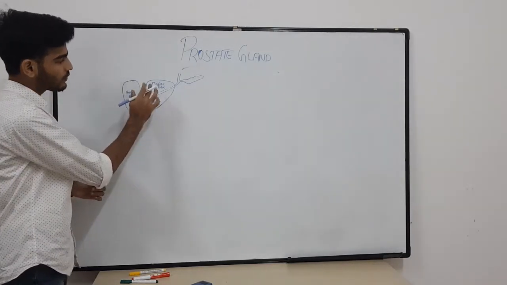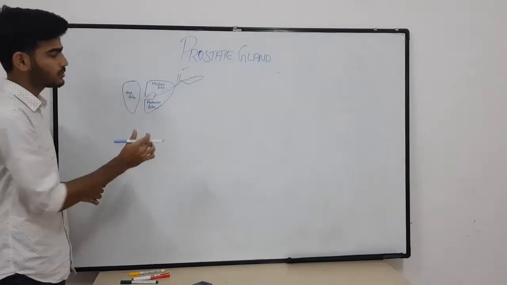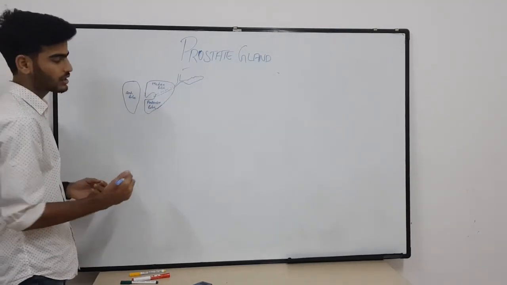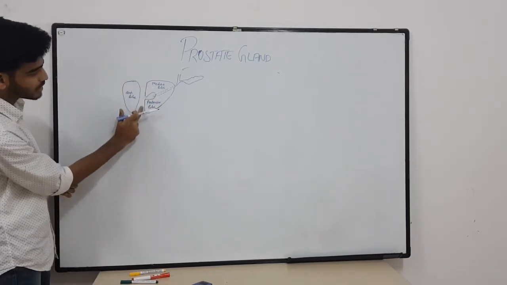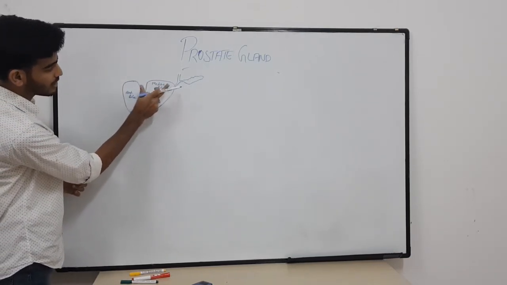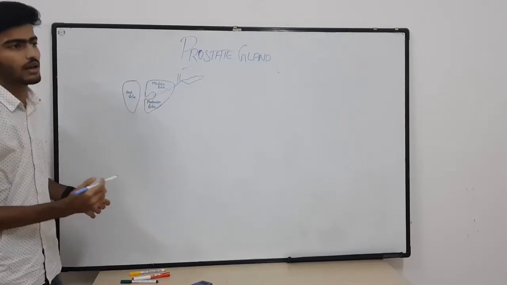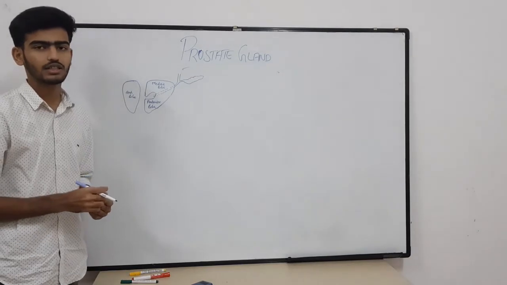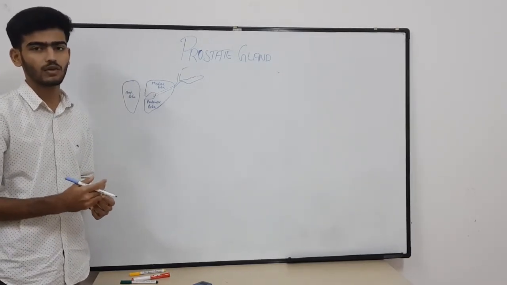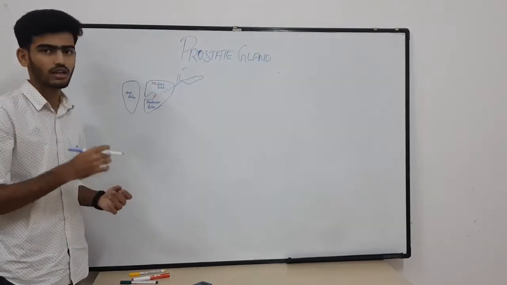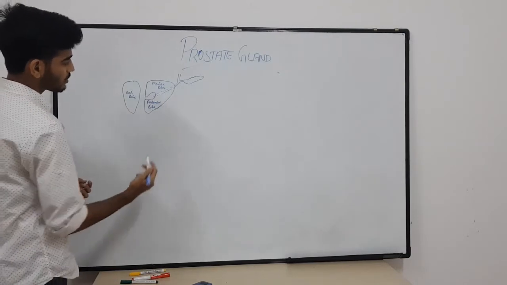If the tumor develops in the median lobe, the median lobe gets enlarged, and it will cause obstruction of the prostatic urethra. You can see this is the prostatic urethra, and if the median lobe is enlarging, it will obstruct the urine passage. So the urine will get retained in the urinary bladder, and the frequency of urination will increase. The patients will feel an increase in the frequency of urination. So that's all about the median lobe.